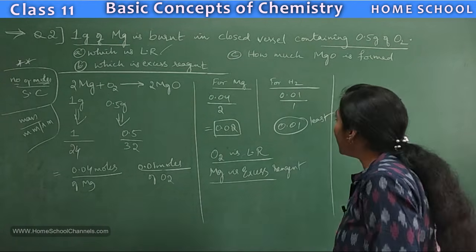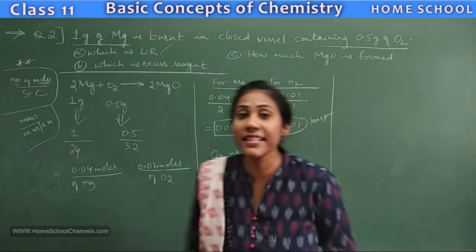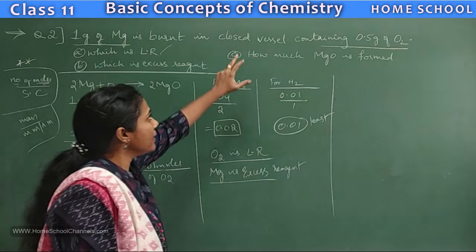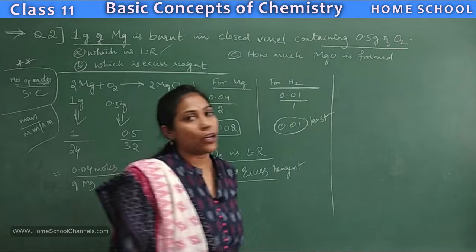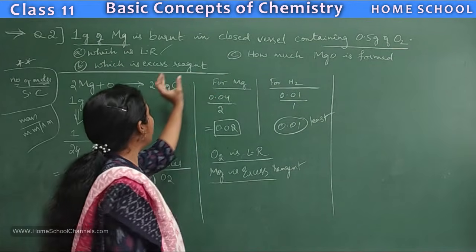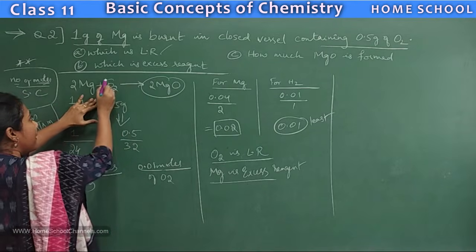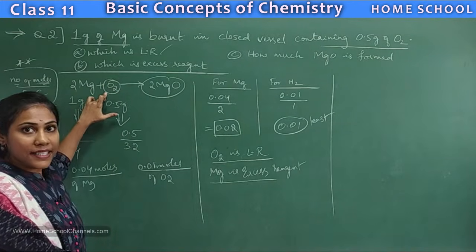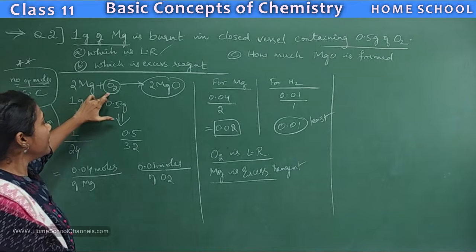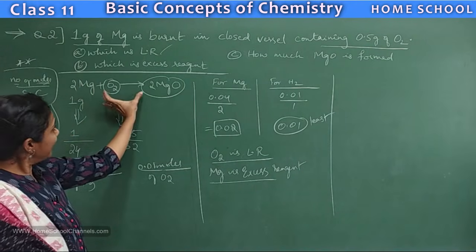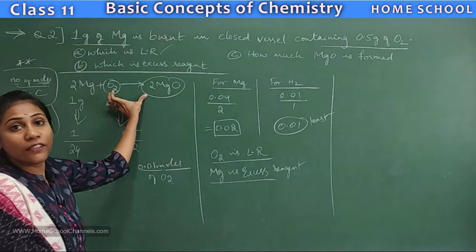Now let us work on the answer for question C. What is the question? How much MgO is formed? The amount of product formed is always calculated with respect to the limiting reagent. So which is the limiting reagent? O2. Now take the information from the equation first.